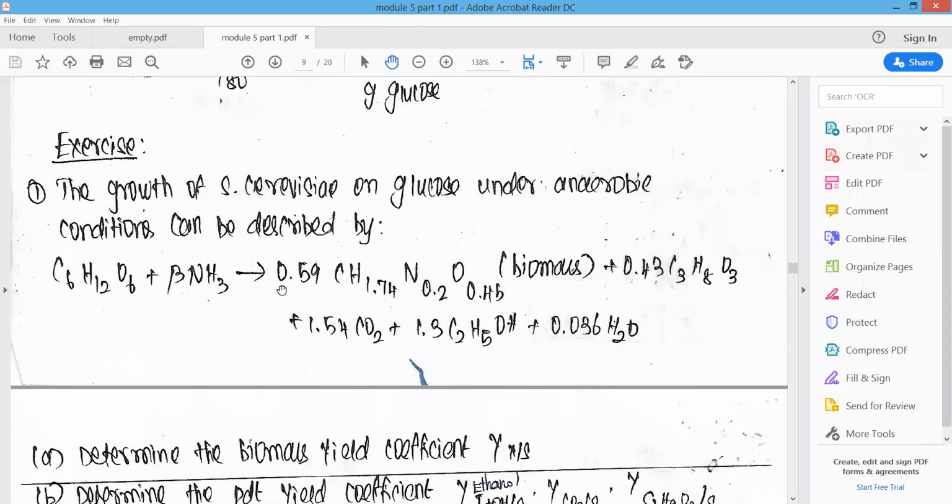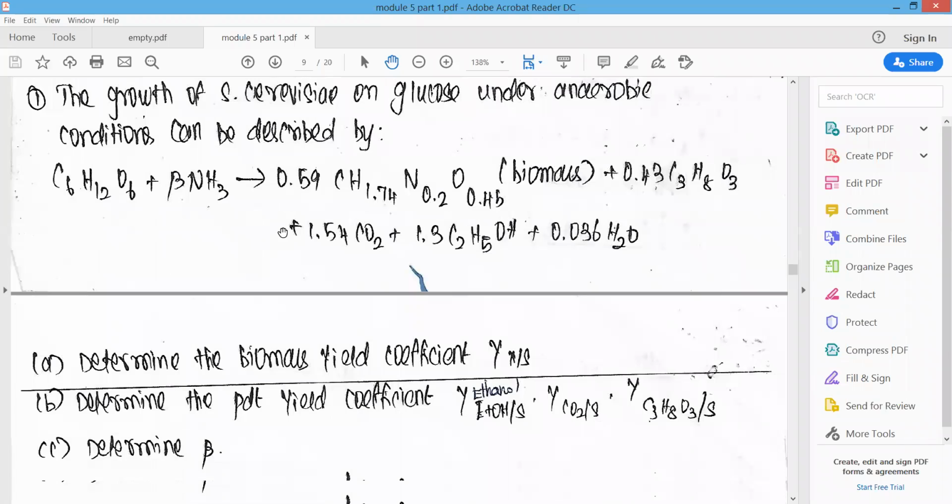You should study all these equations. Sometimes they will ask you to find the stoichiometric coefficients for the equation of growth of Saccharomyces cerevisiae on glucose, so you have to know the equation. Always study the equation.